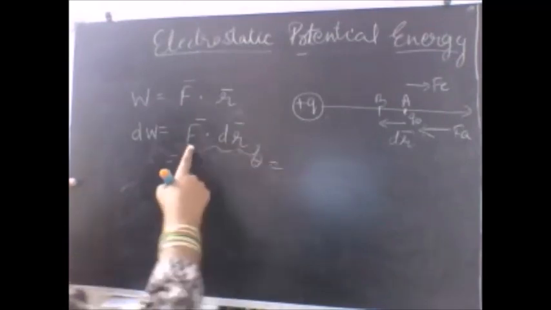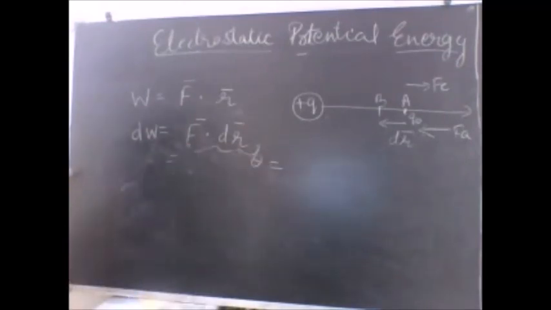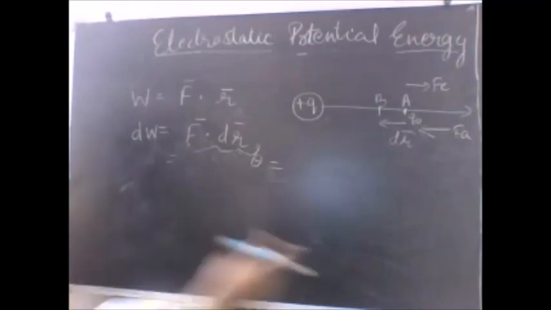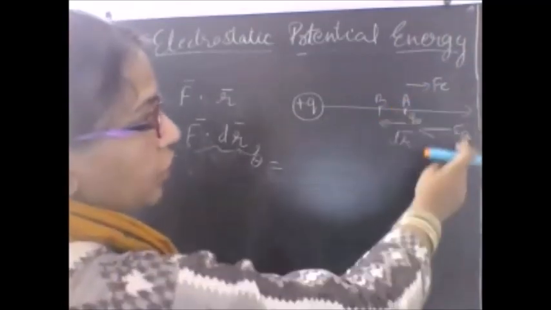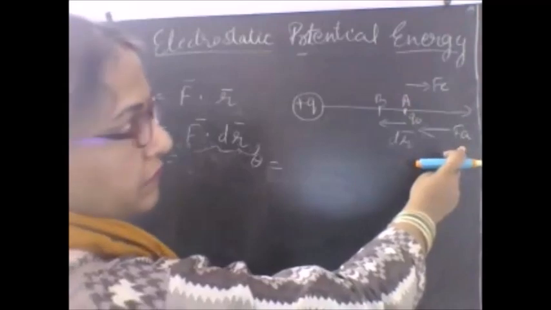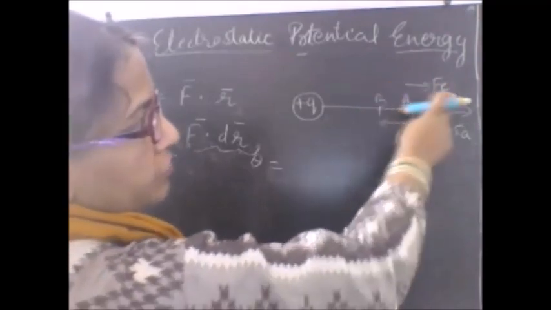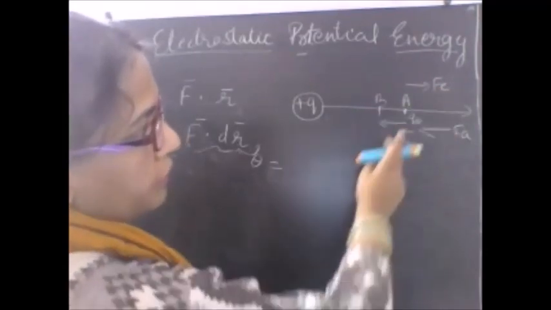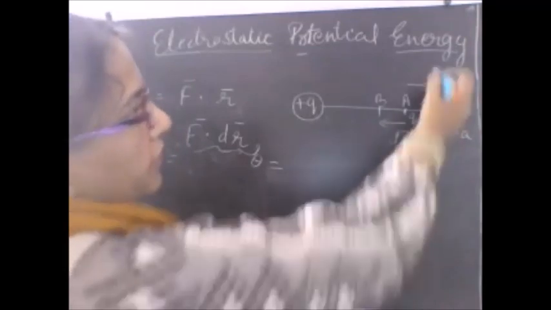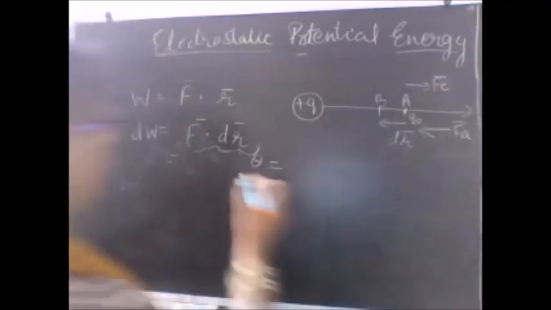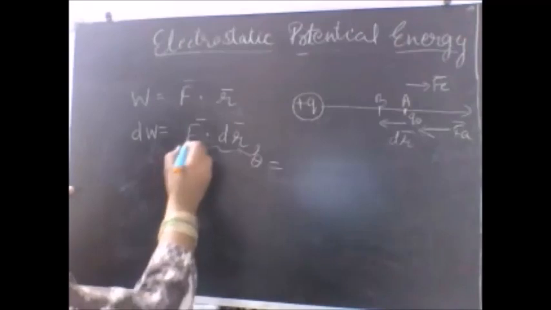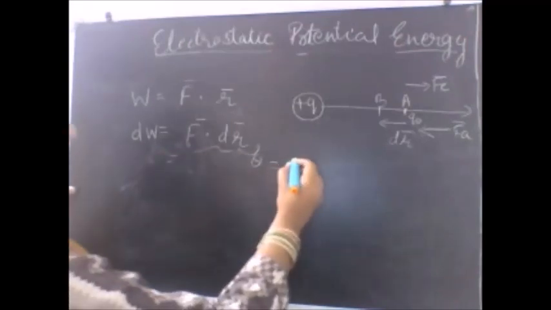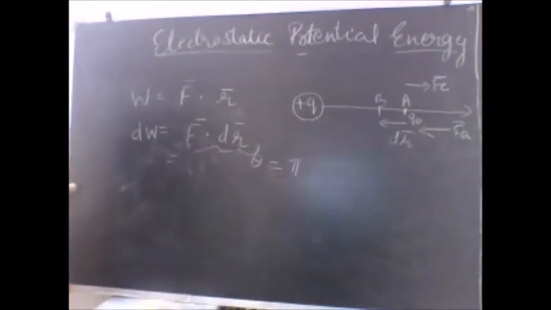We are talking about the electrostatic force, which is opposite to the applied force, and the electrostatic force is opposite to the dr vector. So what is the value of angle theta? This force I am taking as the electrostatic force, so the value of theta here is pi.